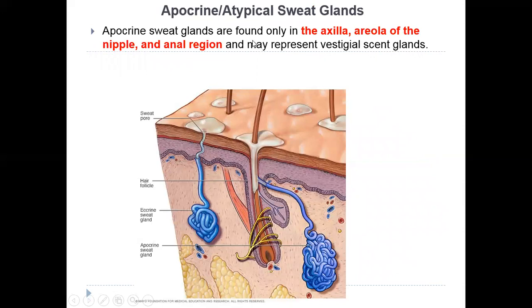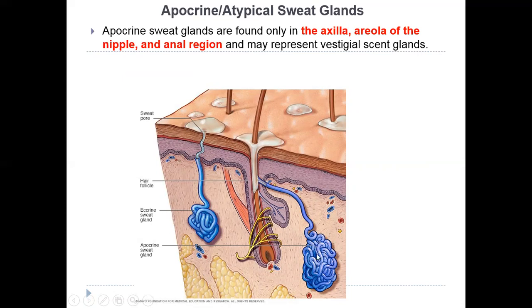These are seen only in particular parts of the body like the axilla, areola of the nipple, and anal region, and they represent vestigial scent glands. So these glands produce sweat, and also produce smell, scent, which is again peculiar to the subject.